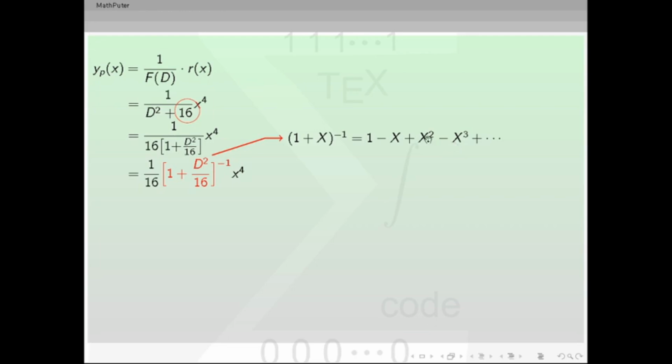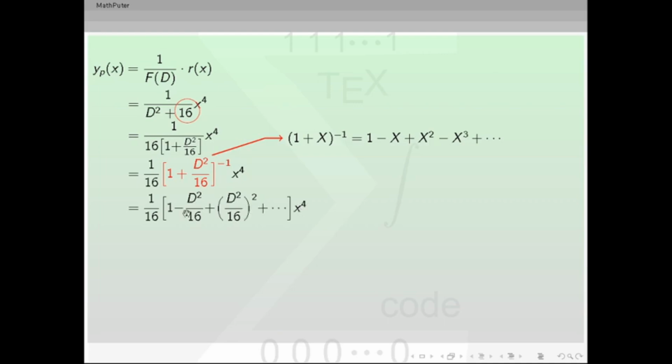In place of x, we assume D square upon 16. So what we have? 1 upon 16. So look at here, 1 minus x, x is D square upon 16, plus x square, so it is plus D square upon 16 whole square, and continue in this manner into x raised to 4.